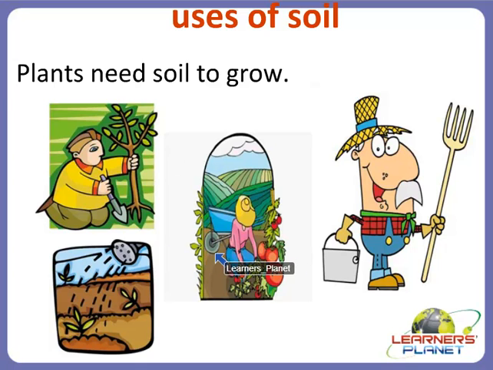The farmers grow crops in the soil, and these farmers make the soil fertile by adding manure. So children, you see this, a boy is planting a tree in the soil. So you also have to do this. Plant more trees. Okay, children?